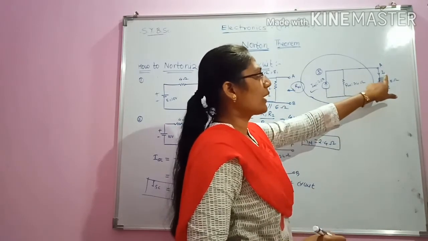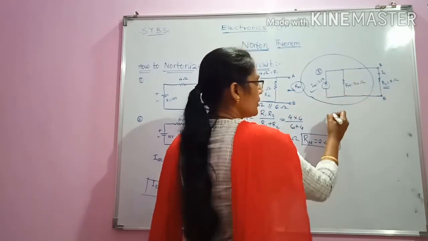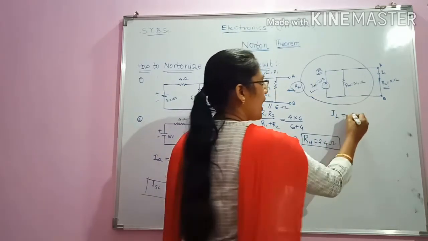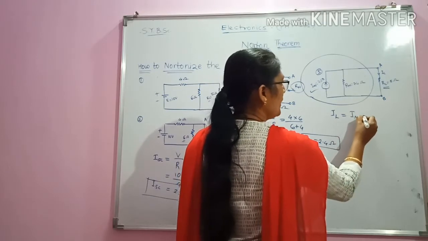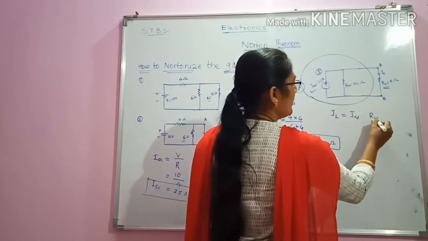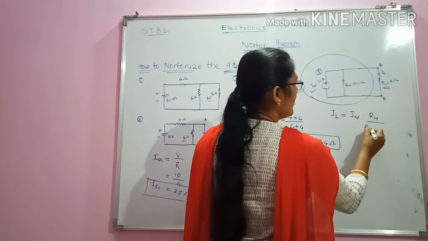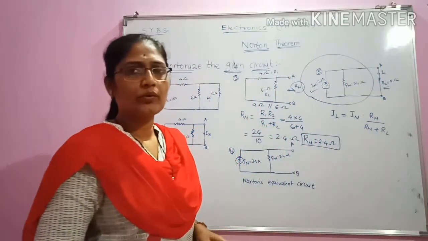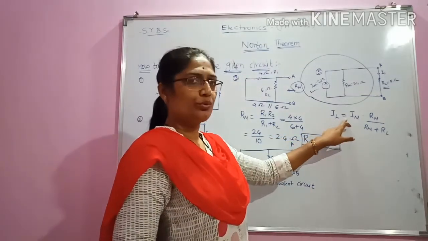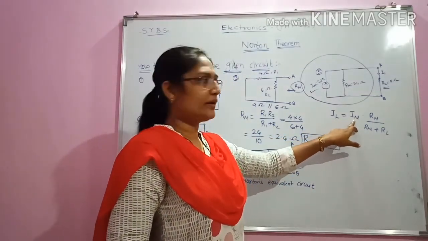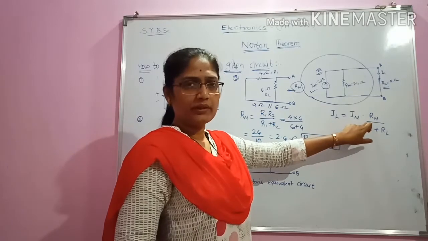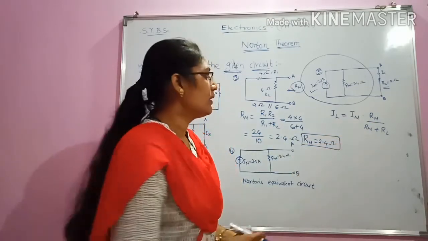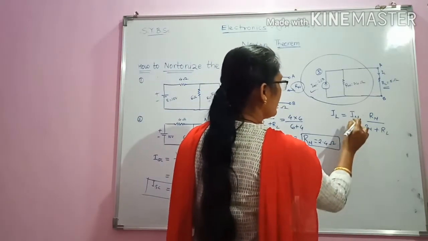Now we want to calculate the value of IL. What will be the value of IL? What is the formula to calculate IL? IL is equal to IN, the equivalent current, into the equivalent resistance Rn, divided by Rn plus RL. Now substitute the values.